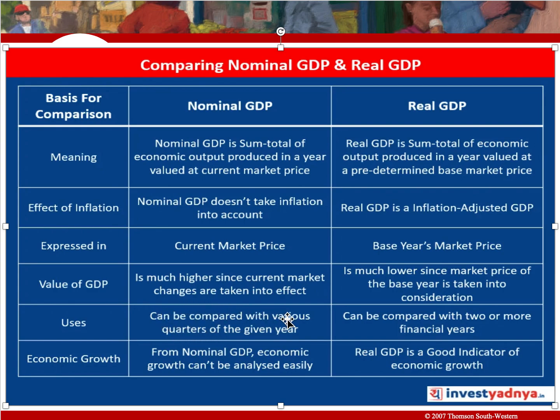Let's say in 2019, you can compare the first quarter, suku pertama, with the second quarter, suku kedua, and the third and fourth quarter, or suku ketiga and suku keempat, for that particular year.